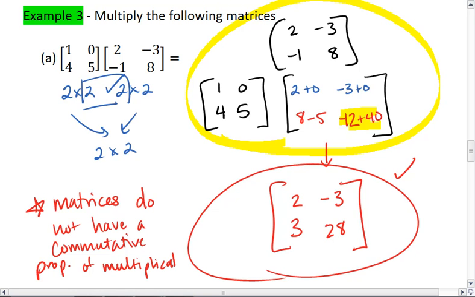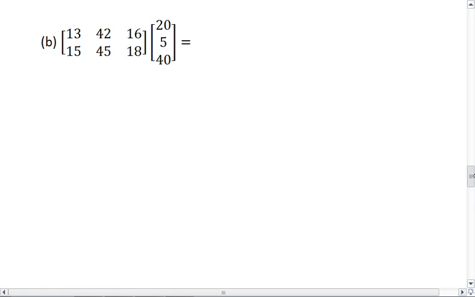The order matters. Taking 1, 0, 4, 5 multiplied by 2, negative 3, negative 1, 8 is different than if you were to switch their orders. So again and again and again, order matters for matrix multiplication. You cannot just switch them. Let's look at problem B.